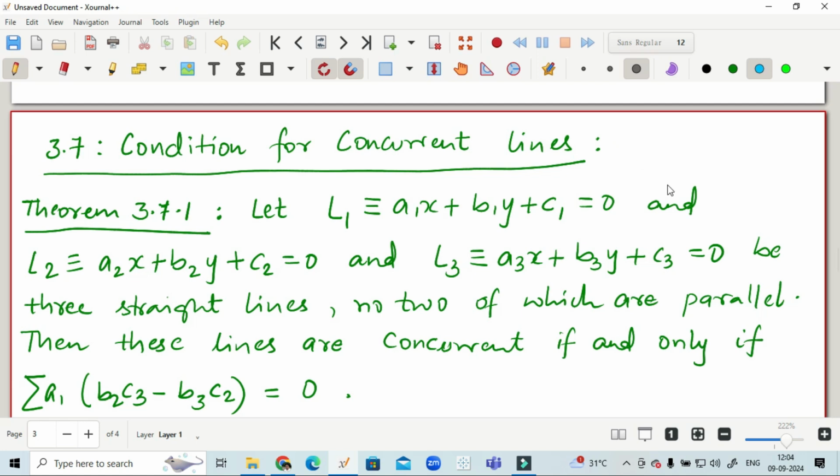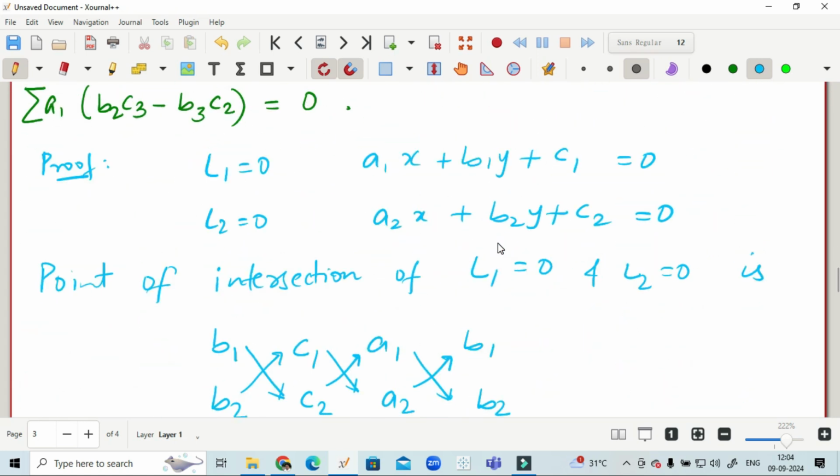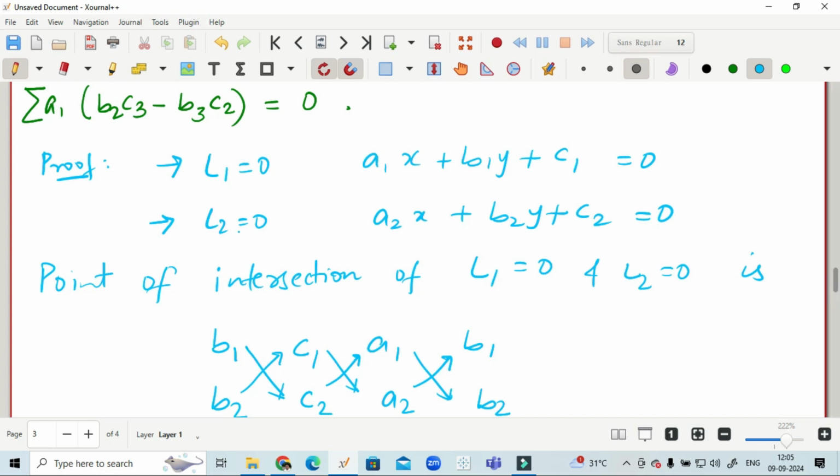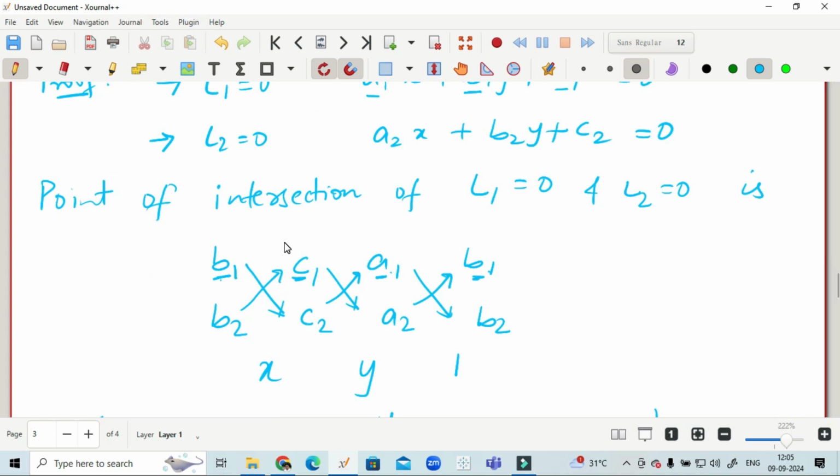Here I have already written these things. Because we have already discussed, this is the line L1 = 0, this is L2 = 0, and we find the point of intersection of these two lines. I have written the coefficients in the order b1, c1, a1, b1, and the same way for the second line: coefficient of y, constant term, coefficient of x, again coefficient of y.